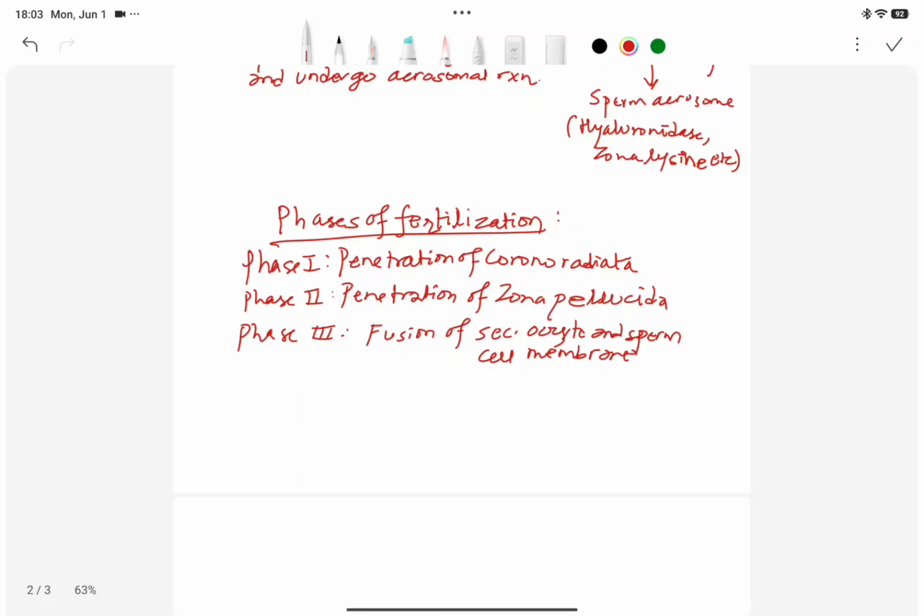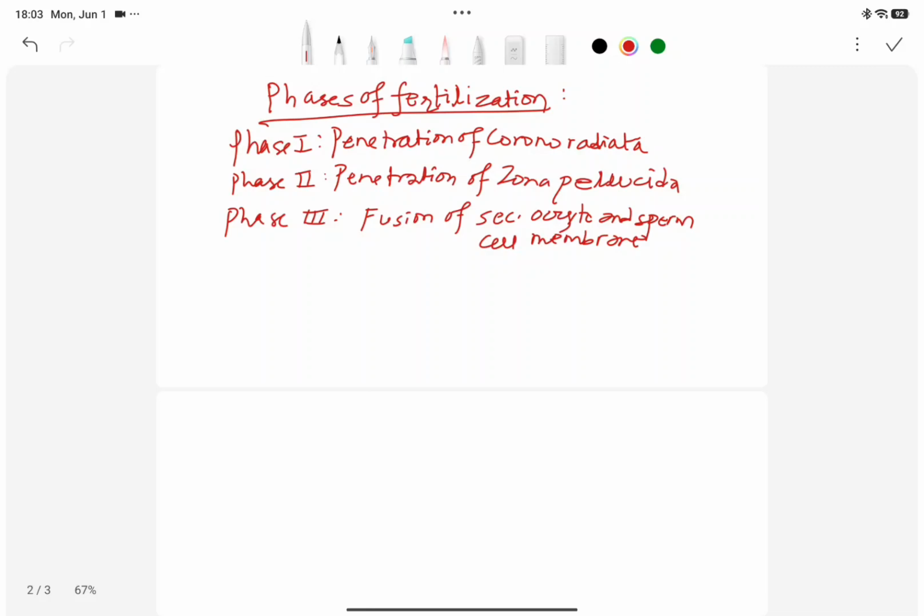Okay, there is the secondary oocyte. The typical structure of the secondary oocyte looks like this. It contains a polar body and is surrounded by the zona pellucida, the outer covering of the secondary oocyte.